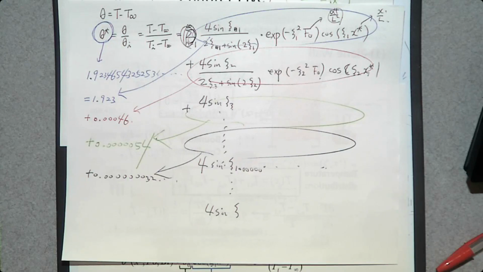If you want to buy a car and it says $50,000 and 23 cents, are you really into that 23 cents? No, not really. $50,000, that's the important number, right? In the same way here, in the transient heat conduction problem, this 1.923 is what matters, not 0.00046.